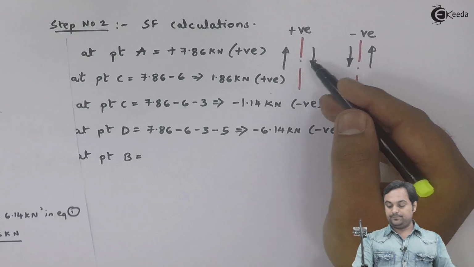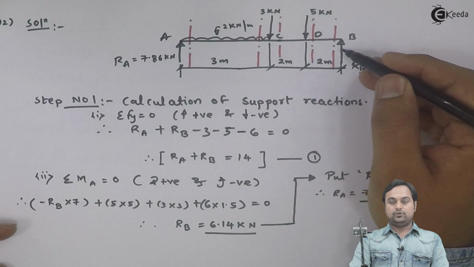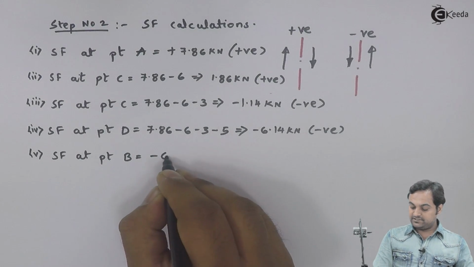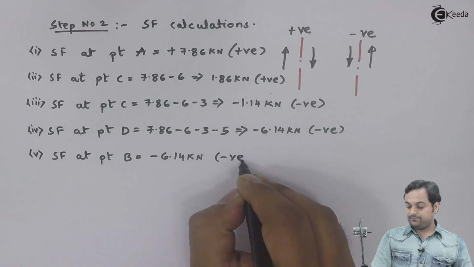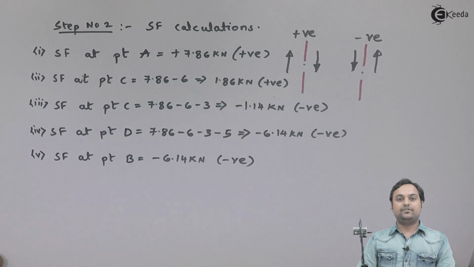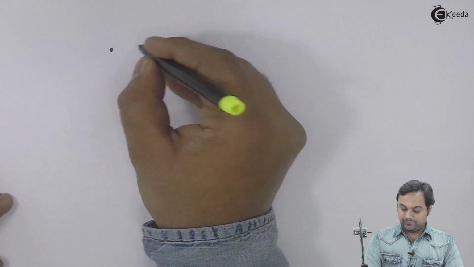To the right, an upward force has to be taken negative, so here I have minus 6.14 kilonewton as negative. With SF calculations available, now we can draw the shear force diagram, and for that we have to draw the beam again. So here I would be drawing the diagram of the beam which is given in the problem.